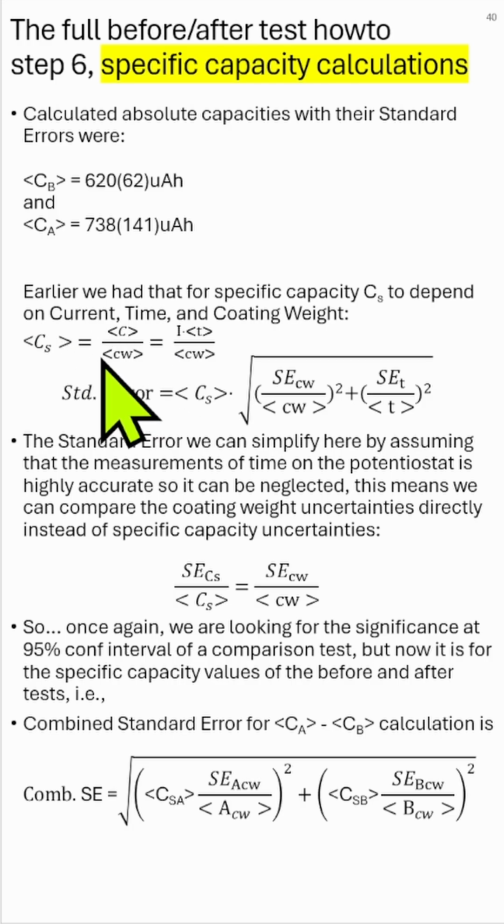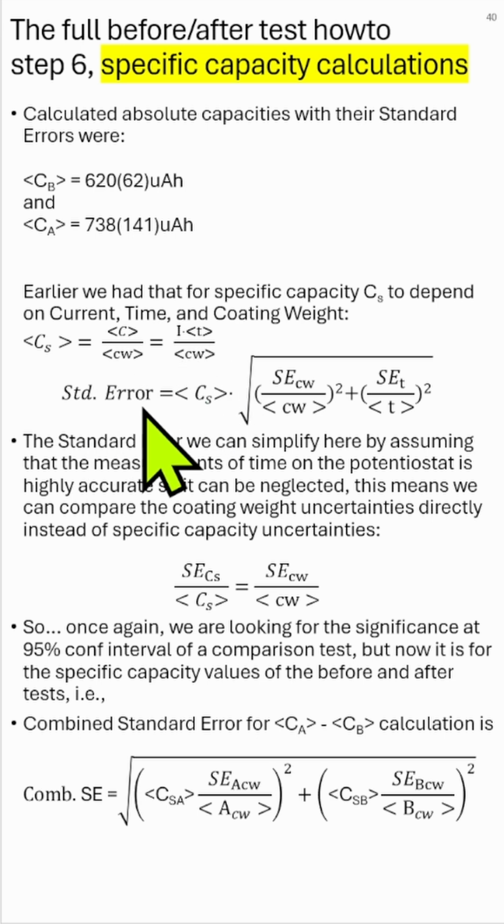Only work with mean values now. And here we see that the capacity, as we talked earlier about in the potentiostat and galvanostatic cycling, will be a fixed current times the mean value of time that we're measuring. That is actually how we're measuring capacity. So it will be the mean value of time divided by the mean value of coating weight.